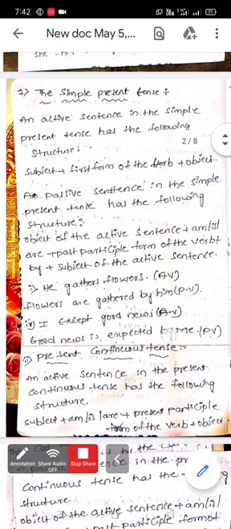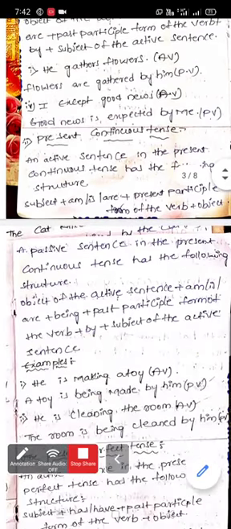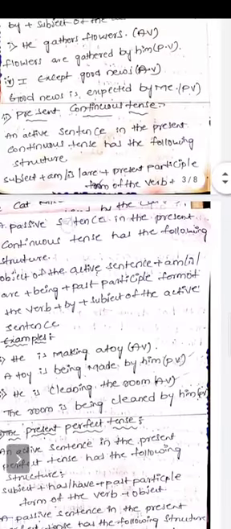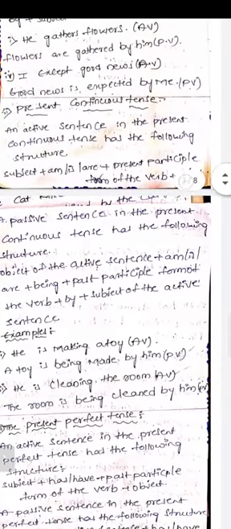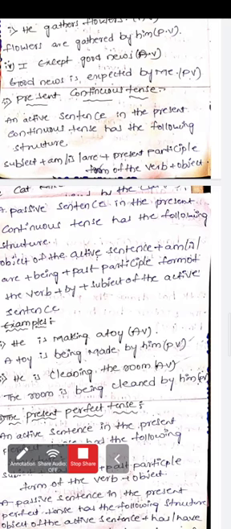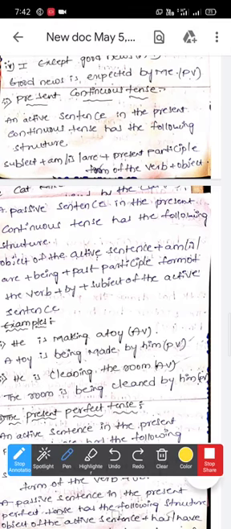Next, we go to the second tense, the present continuous tense.